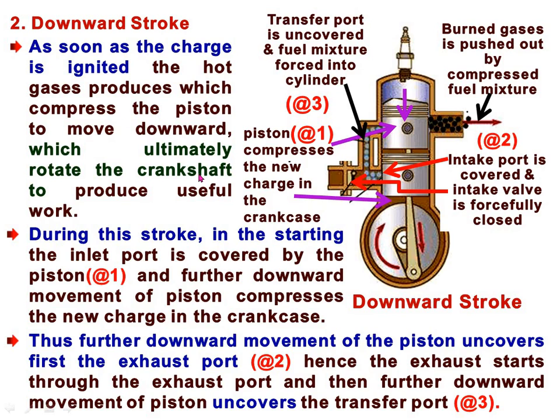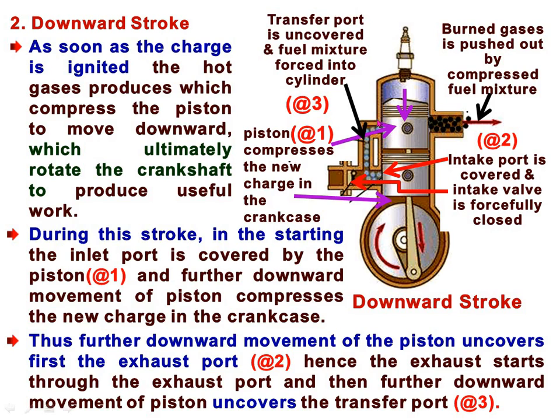This ultimately rotates the crankshaft to produce useful work. The downward movement is transferred to the crankshaft via the connecting rod, and this rotation of the crankshaft may be utilized for further useful work in the engine system. During the stroke, in the starting, the inlet port is covered by the piston.